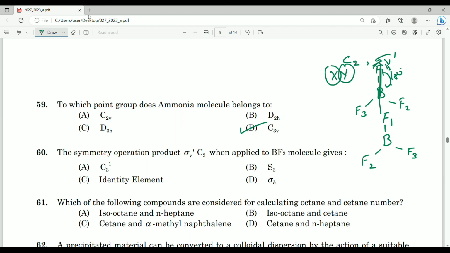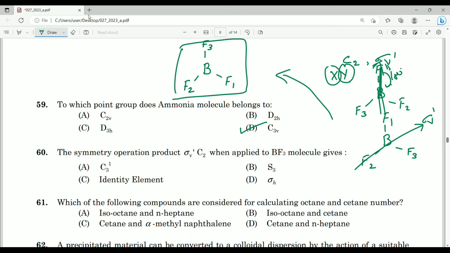Now you have to apply sigma V dash. So sigma V dash plane will be like this. So again the resultant I am writing here, B. So F1 will be in the position of F1, F3 comes, then F1, here F2. So this is the resultant structure.